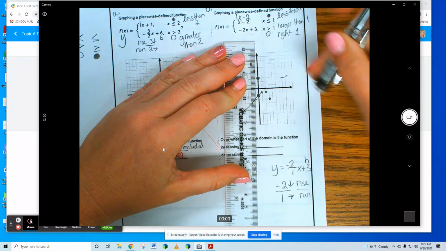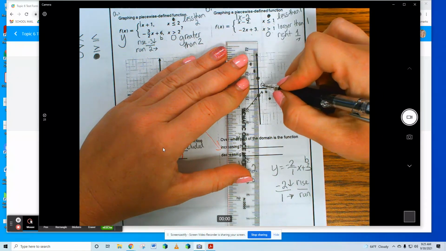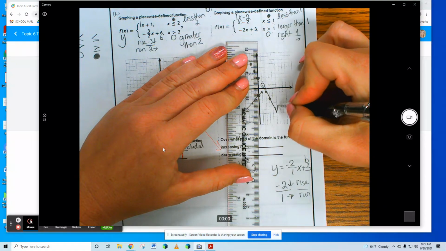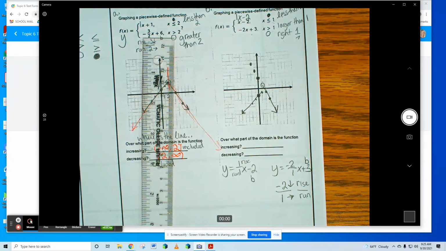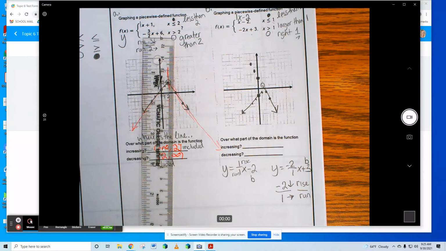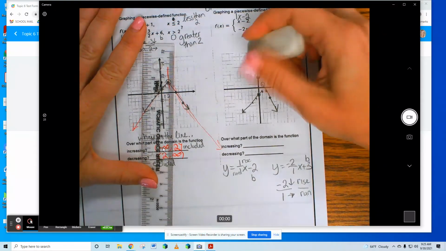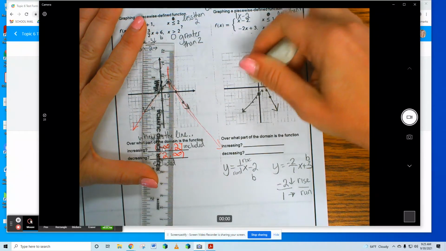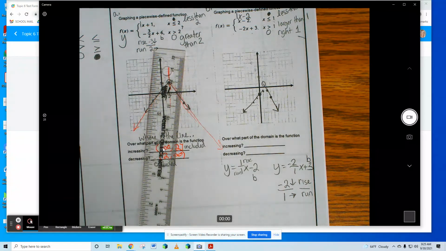So erase the ordered pair at the 1 and make this an open circle. And I only care about larger, so I'm going to make my line go to the right. And I don't want anything at 0 or negative 1 or negative 2. So I need to erase these ordered pairs that I drew over here. My restrictions say it has to be bigger than 1. Open circle.